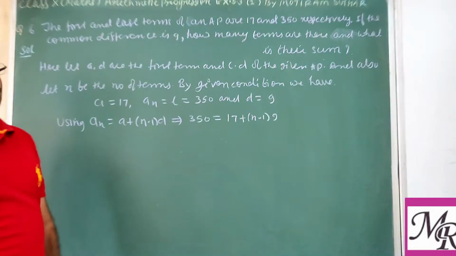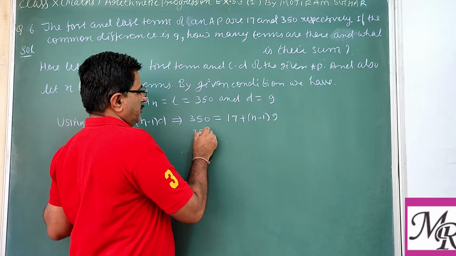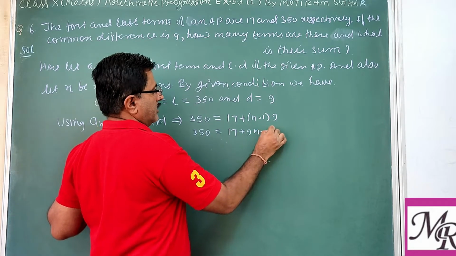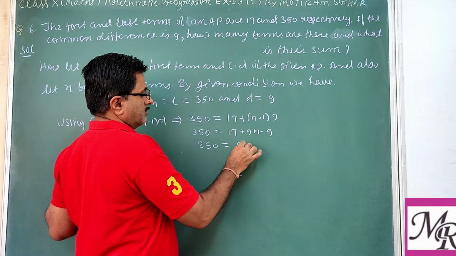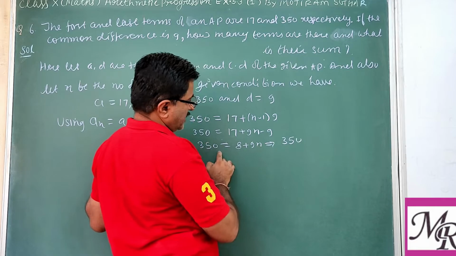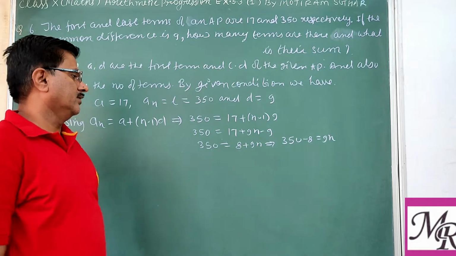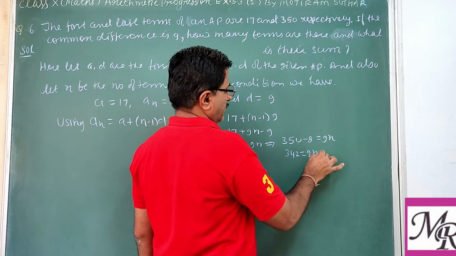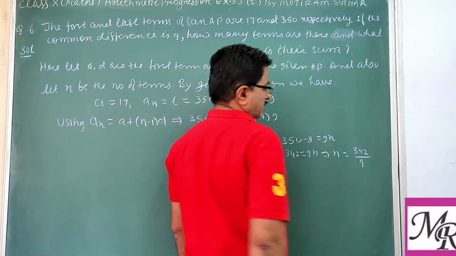Now you can simplify: 350 equals 17 plus 9n minus 9. So 350 equals 17 minus 9, that is 8, plus 9n. So we get 350 minus 8 equals 9n. This is 342 equals 9n.